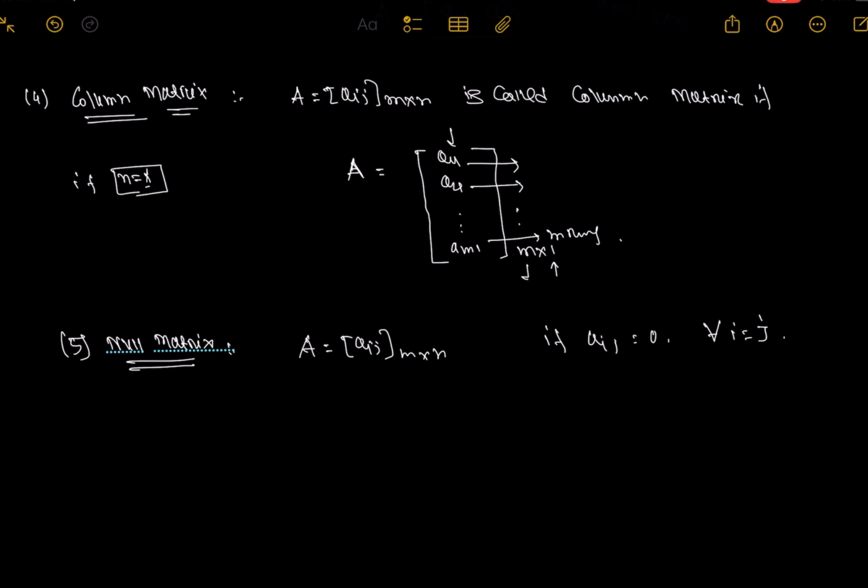All elements are 0. For example, A equals 0 0 0 0. This is a null matrix. It is denoted as the 0 matrix.